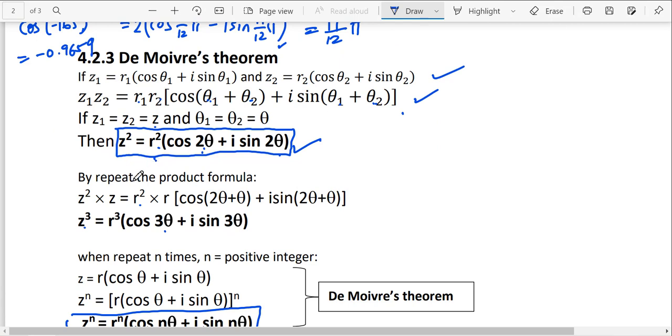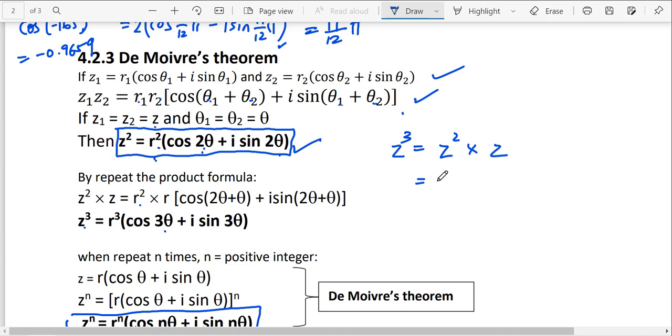Okay, you look at what is De Moivre theorem. If I have another complex number, also the same r, I times another Z. This is Z squared, right? Z squared times Z. So for r also, I times the r squared. Okay, I want to find Z cubed. It is Z squared times Z, correct?